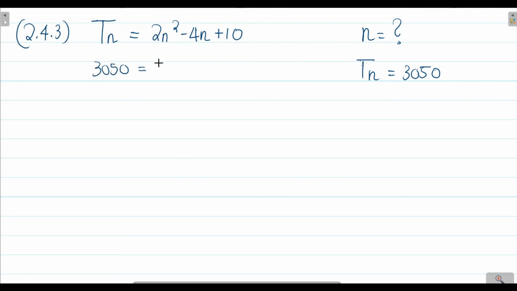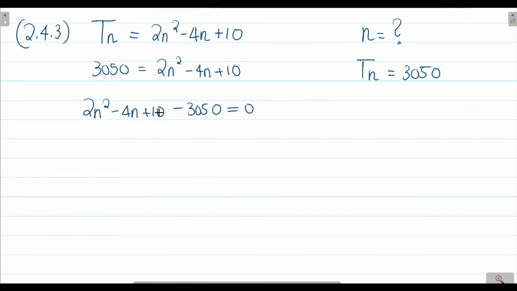So 3050 is equal to 2n squared minus 4n plus 10. Here, guys, we are going to equate this equation to 0. So it's like saying 2n squared minus 4n plus 10 minus 3050 is equal to 0.